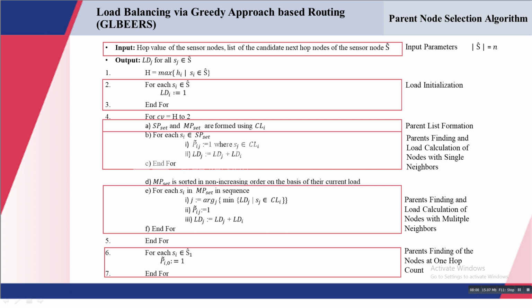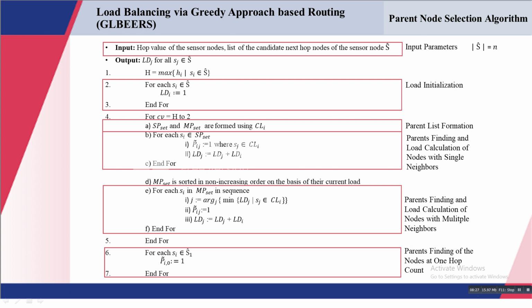So here we can see that we have formed the single parent list and the multiple parent list using the candidate list. Fine. Now the greedy approach that we have used is, firstly, for the nodes which lie in the single parent list, we assign the parent node first.